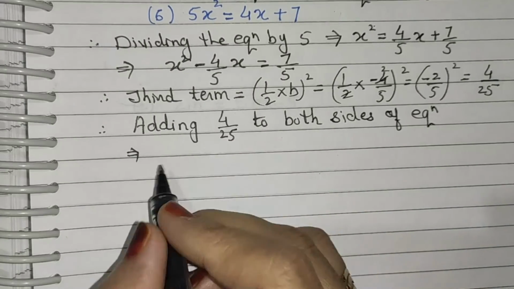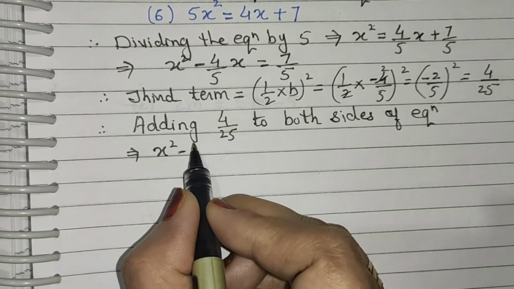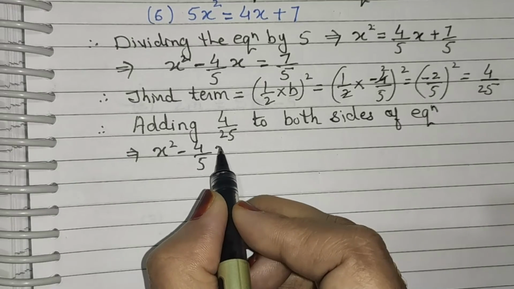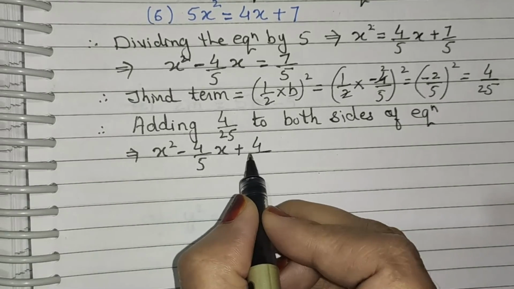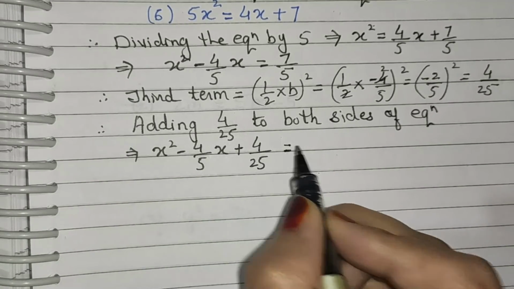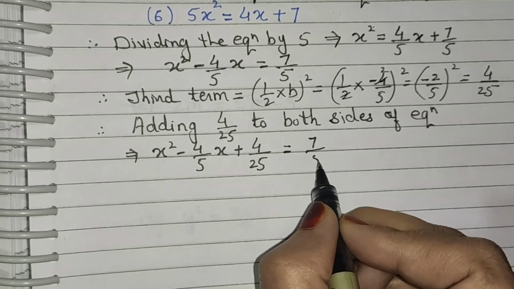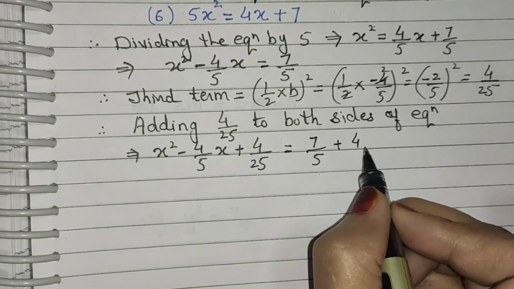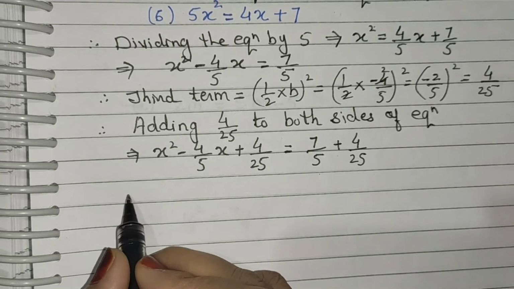Now we get here x square minus 4 upon 5x plus 4 upon 25 is equal to 7 upon 5 plus 4 upon 25.